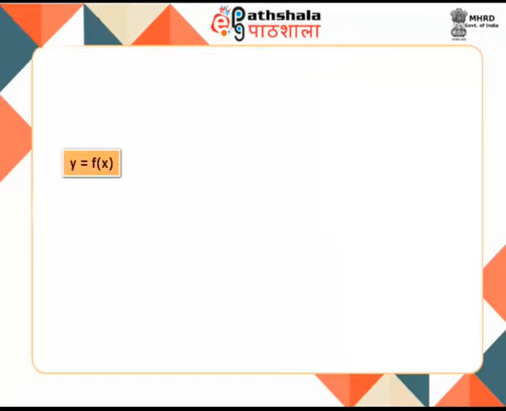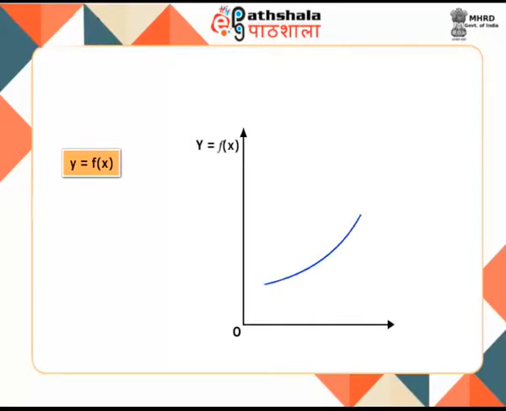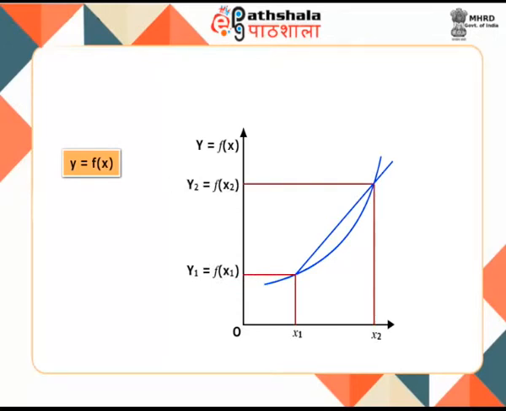Let there be a function y equal to f of x, where the independent variable x changes from x1 to x2, and the corresponding change in the dependent variable y is from y1 to y2, where y1 equals f of x1 and y2 equals f of x2.